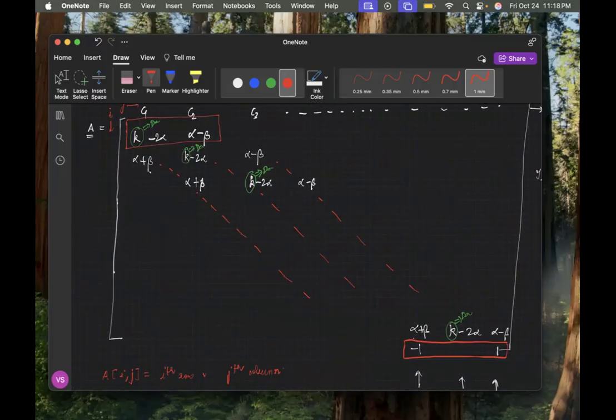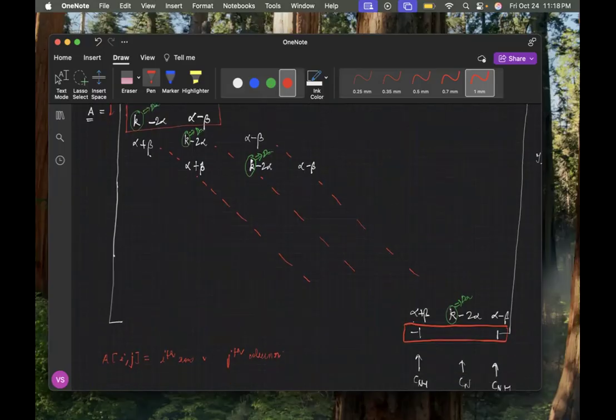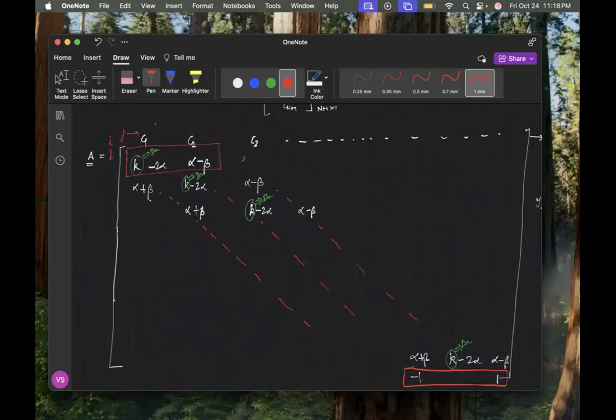Other than the first and the last row, which means other than I equals 0 and I equals -1, everything else is very generalizable. So let's see how. When I is equal to 1, every element in the row I equals 1 is 0 other than the 0th element, the first element, and the second element, right?